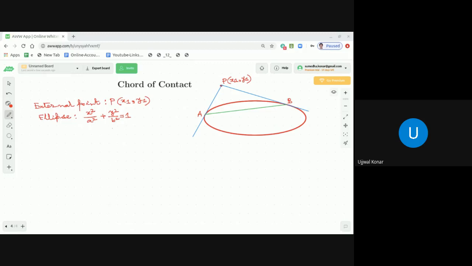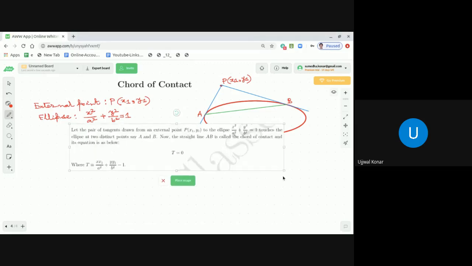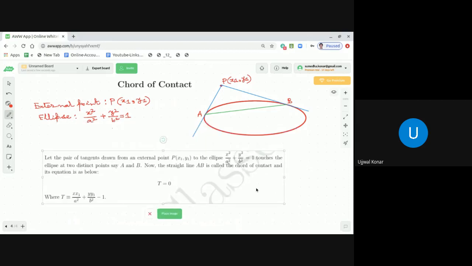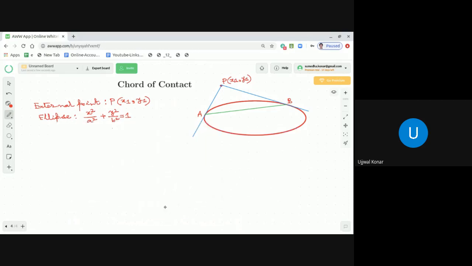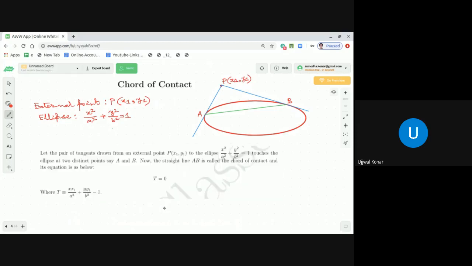In a similar manner, as I said a few minutes back, the way you need to remember T is as the equation of the tangent to the ellipse x square by a square plus y square by b square equal to 1 at the point (x1, y1). Symbolically we remember this, but like the previous case, here also the point (x1, y1) is not on that ellipse, so there is no question of having an equation of a tangent.